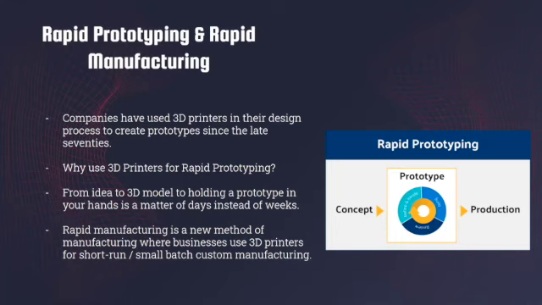For example, you can design a couch or cup in CAD in a day and have it in your hands in a week. Rapid prototyping is very fast and very cheap. From idea to 3D model to holding a prototype in your hands is a matter of days instead of weeks. Versions are easier and cheaper to make, and you don't need expensive molds or tools.